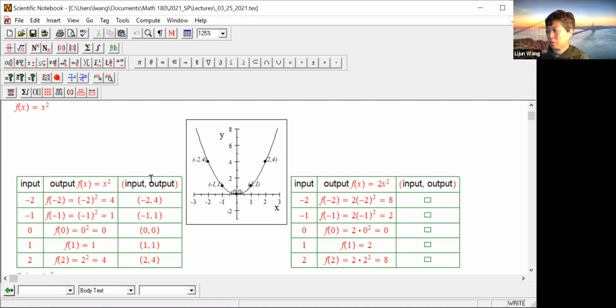So what we're going to do next is put the new points in the same picture. Okay, so -2, 8. -1, 2. 0, 0. 1, 2. 2, 8.